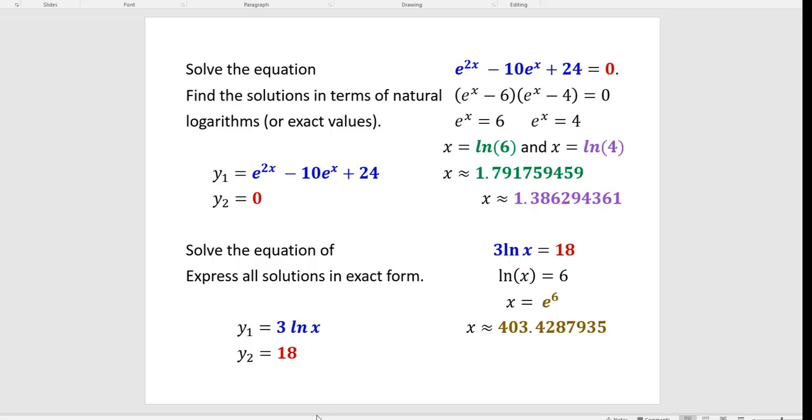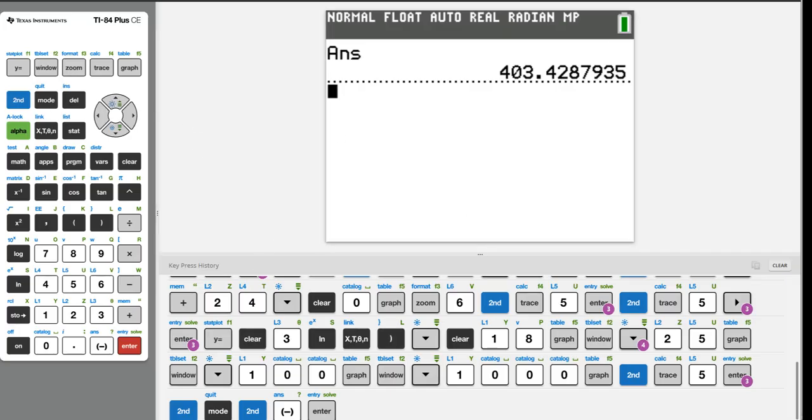To solve the problem by hand, divide both sides by 3. Then raise both sides by the power of e. This cancels the natural log on the left. Our answer is e to the 6th power. On the TI-84 calculator, press second, e to the x power.